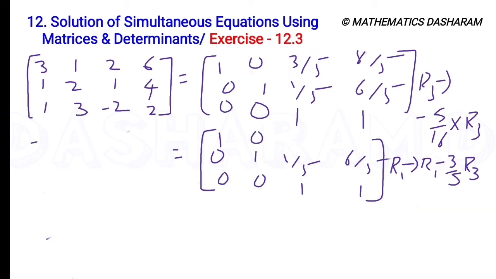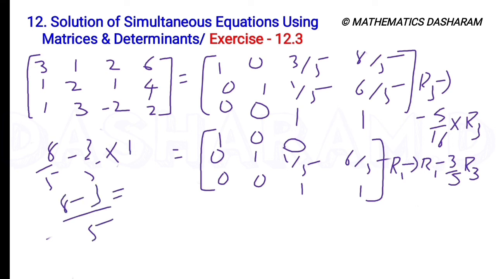Next 3 by 5 minus 1 into 3 by 5, so it is equal to 0. Next 8 by 5 minus 3 by 5 into 1. So here 5 is LCM, 8 minus 3, it is equal to 5 by 5, so it is equal to 1.